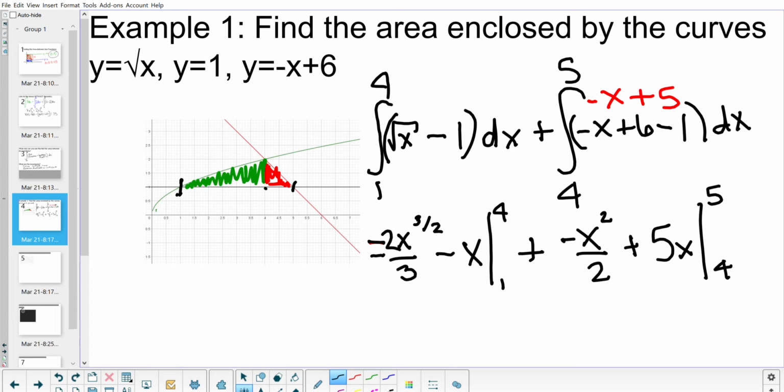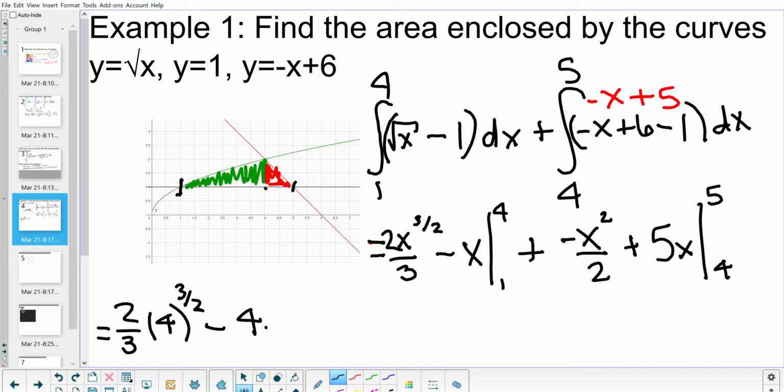Okay, so now we plug in. It would be 2/3 times 4 to the 3/2 minus 4. Okay, so I just plugged 4 into each of those x's.